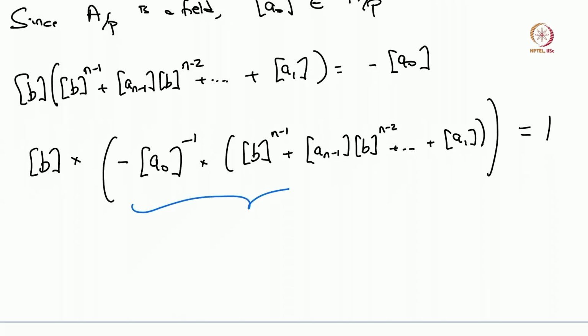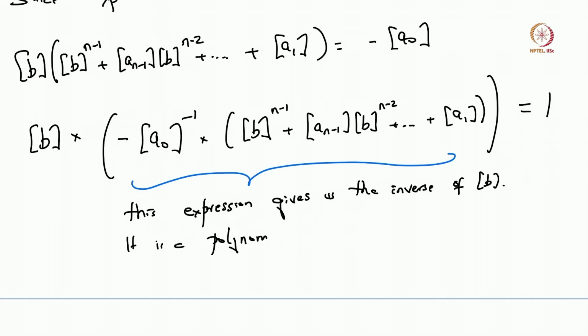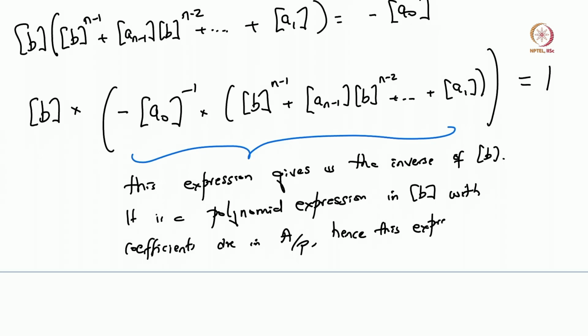And so if you look at this expression inside the brackets, this expression gives us the inverse of bracket b, and this expression is a polynomial in b, where the coefficients are in A over P, and so this expression belongs to B over beta.